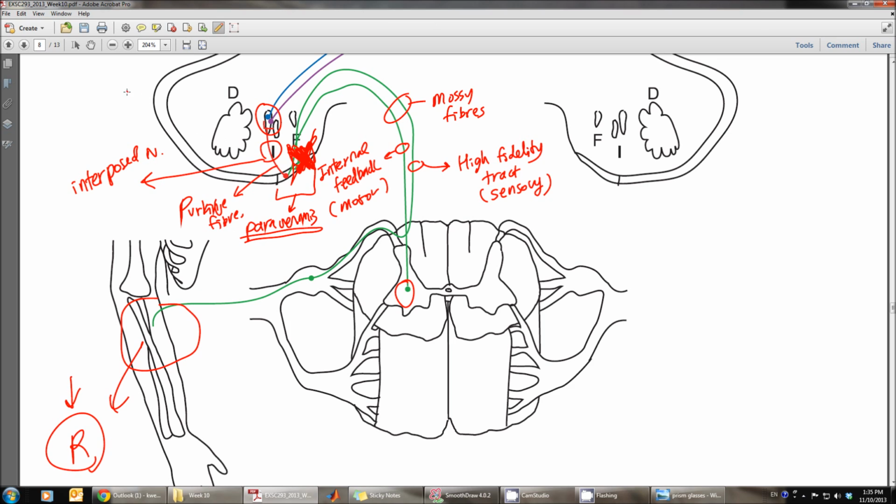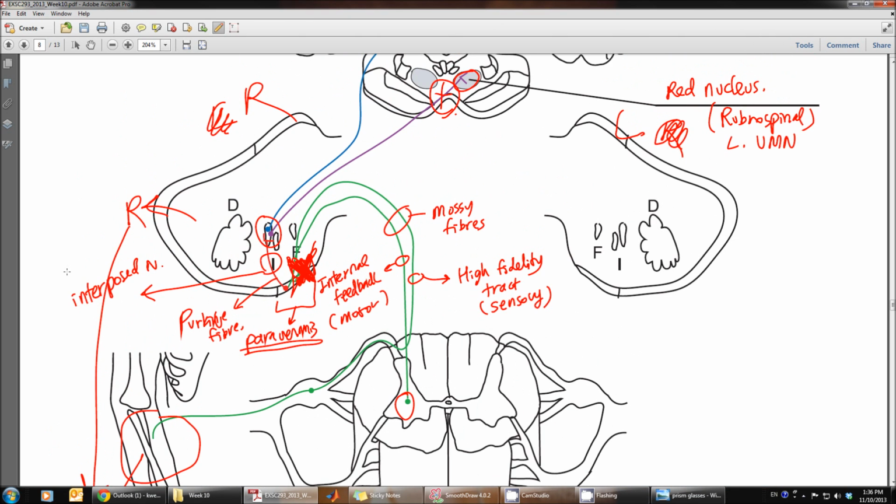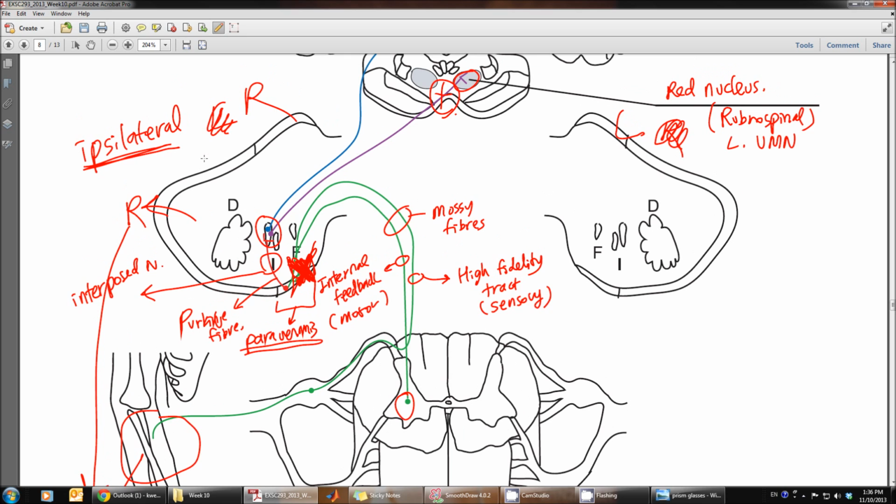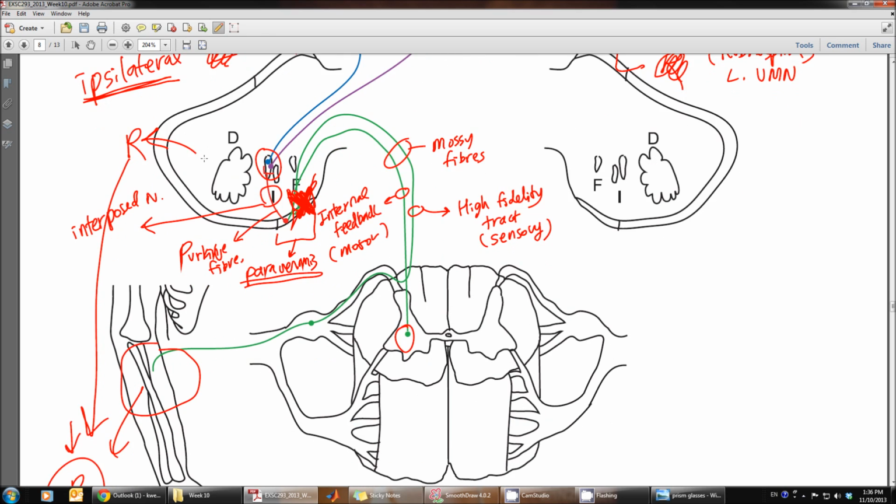So this right side of the cerebellar damage causes the right side dysfunction of the right arm, and cerebellar lesions are called ipsilateral lesions. So damage to the cerebellum results in the signs and symptoms of the same limb, the same side of the limb. The reason why it's ipsilateral is because the inputs are not crossing over to the other side and are fed directly onto the same side of the cerebellum.